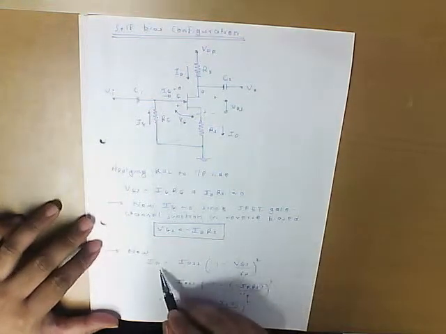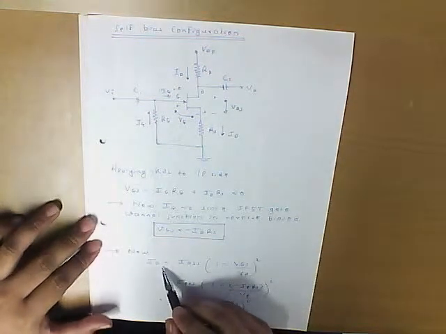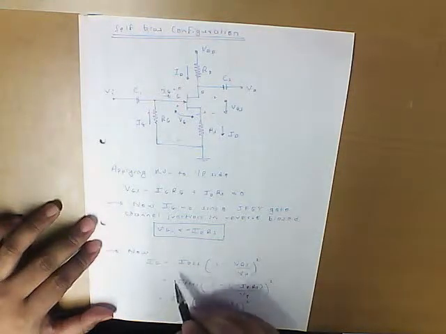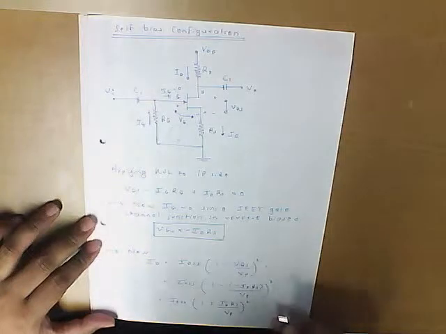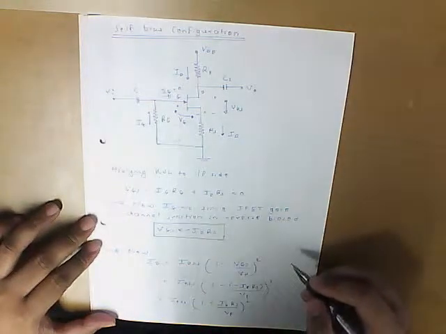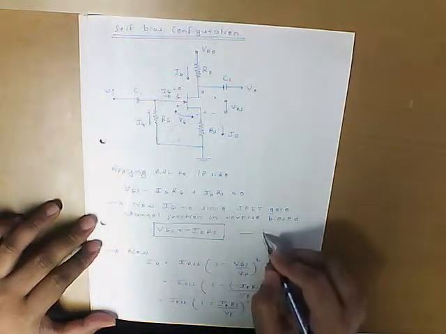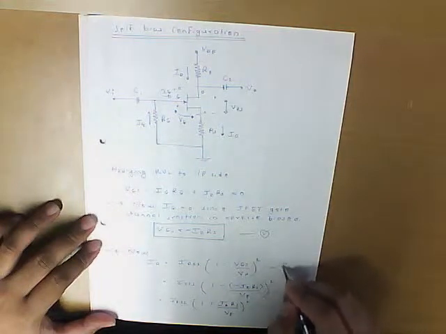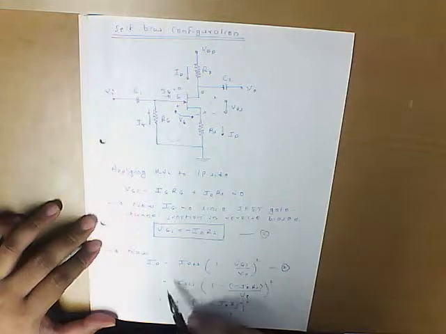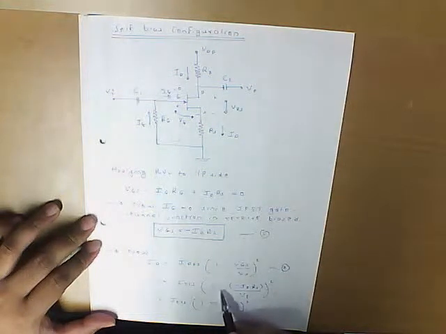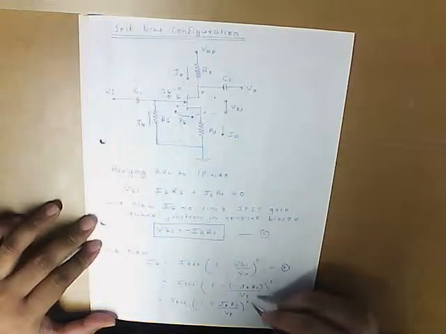We know that the equation that links the input to the output side is ID equal to IDSS into 1 minus VGS by VP the whole square. Now if we consider this as equation 1 and this as equation 2, and substitute the value of VGS into this, we get ID is equal to IDSS into 1 minus of ID RS by VP.